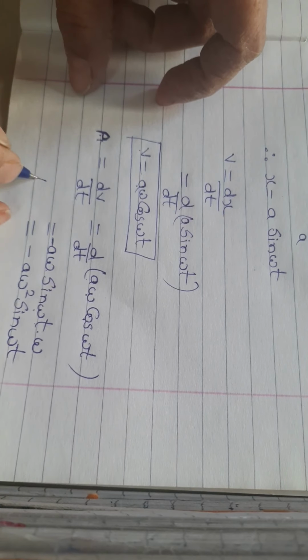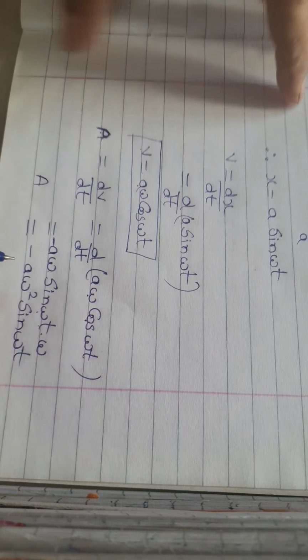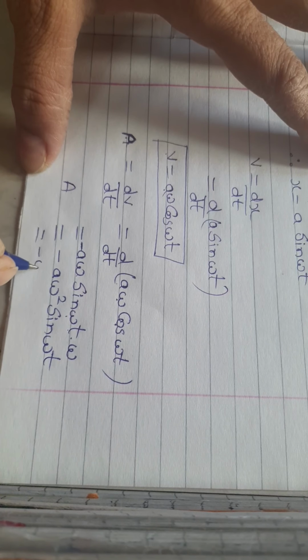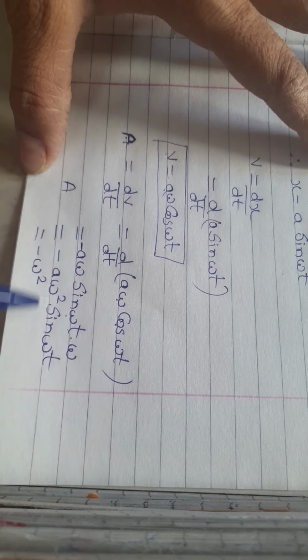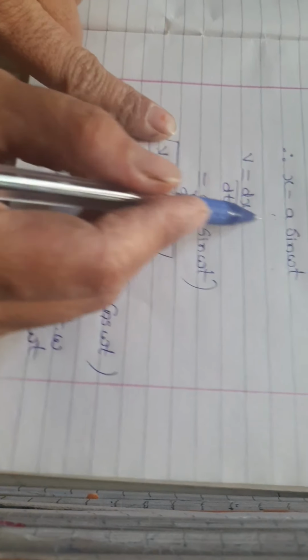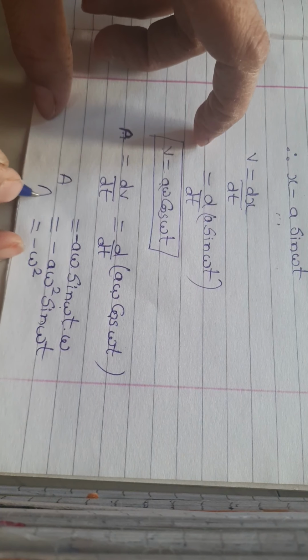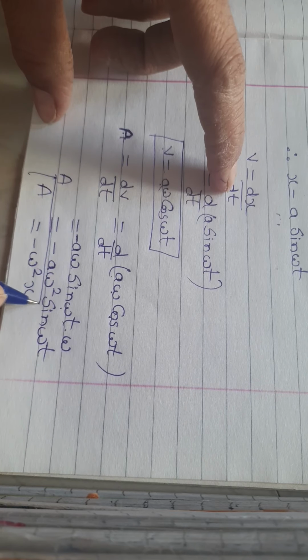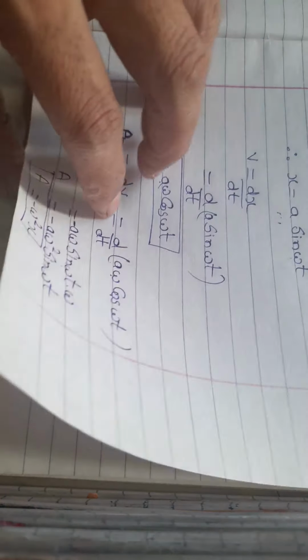Keep minus omega square as it is, and A sine omega t is nothing but our x, hence capital A is equal to minus omega square x, and this is our derivation of the acceleration of a particle performing SHM.